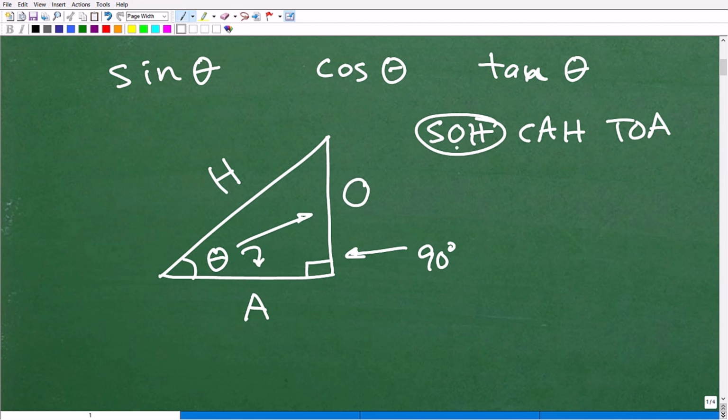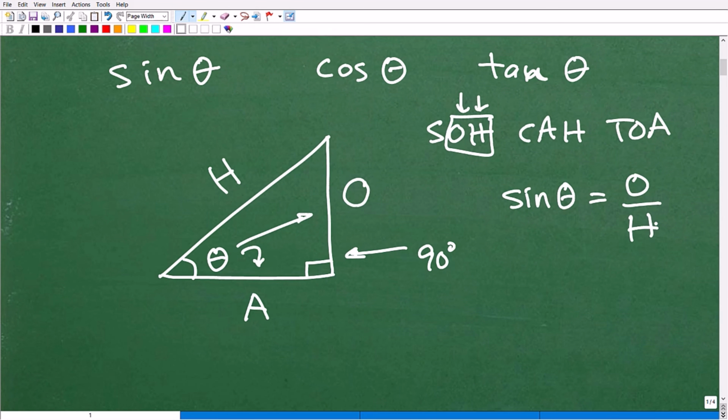Now, if you look here, we have all these dealing with O, H, and A. You have an O and H, an A and H, and an O and an A. So for sine, I have O and H. That means the sine of an angle is equal to the opposite over the hypotenuse, O over H. So that's what these basic trigonometric functions are.